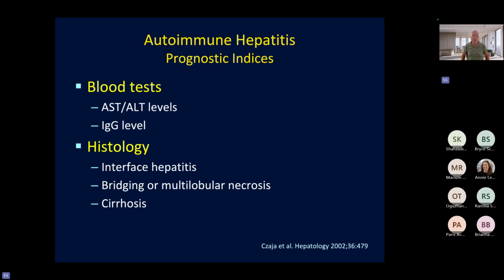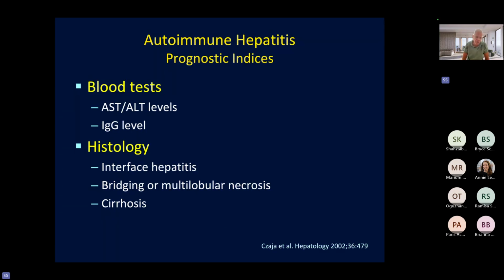So the prognostic indices that one uses in order to determine the likelihood of progression and how you're going to treat these patients include both the AST and ALT levels, as well as the immunoglobulin level. And histologically, do we have piecemeal necrosis? Do we have bridging or multilobular necrosis and fibrosis?